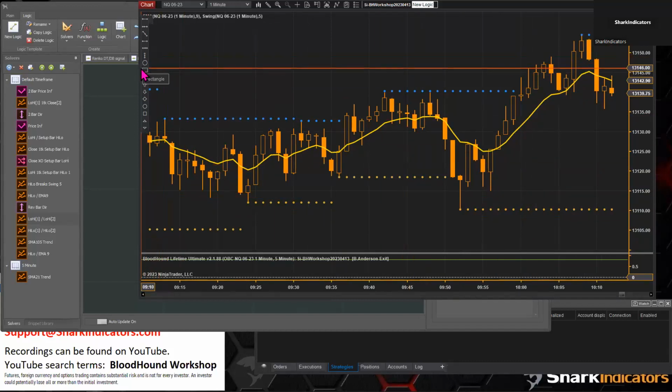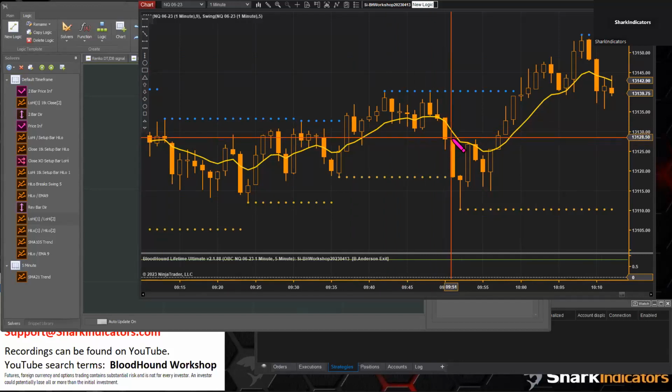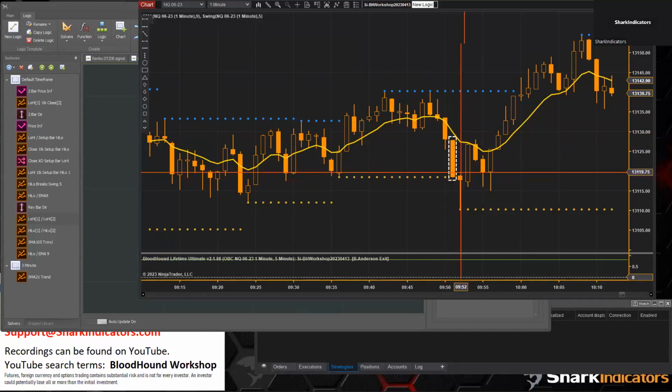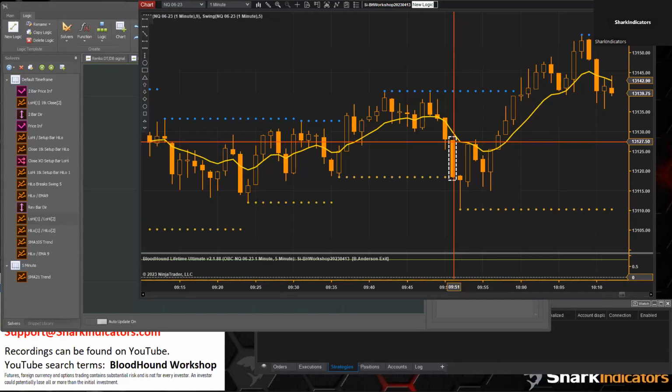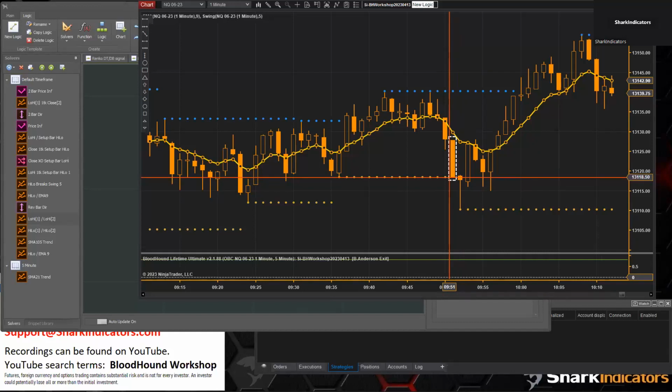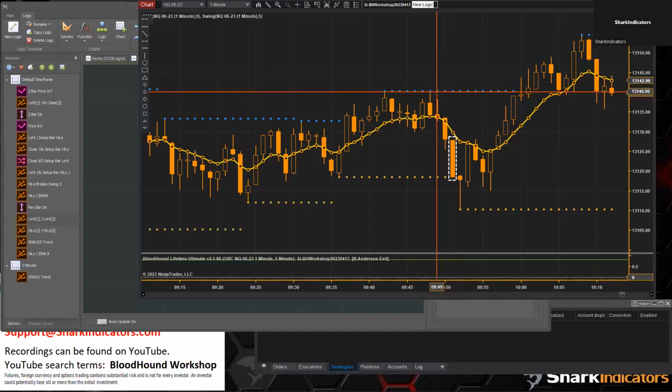Essentially, when a bar is entirely below the EMA, that is when we want to see an exit signal. So this looks like it could be setting up for a short signal, and this bar being entirely below the 9 EMA would be an exit signal for a long trade setup.